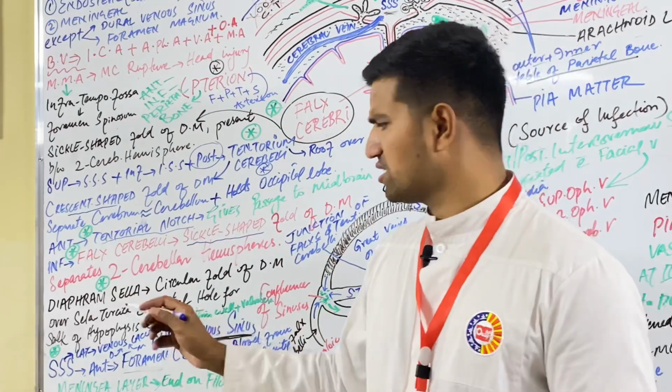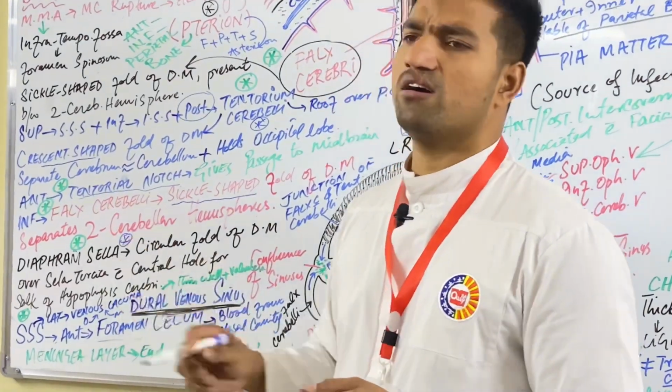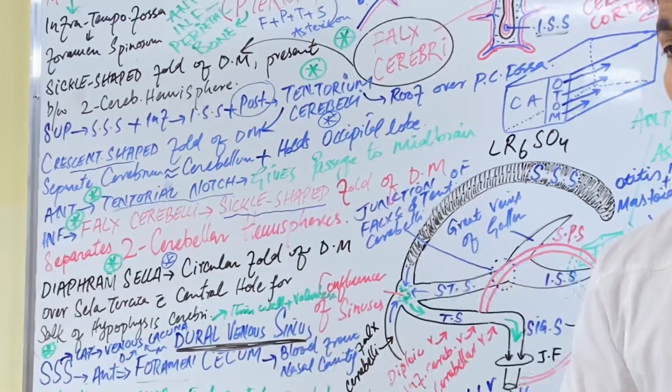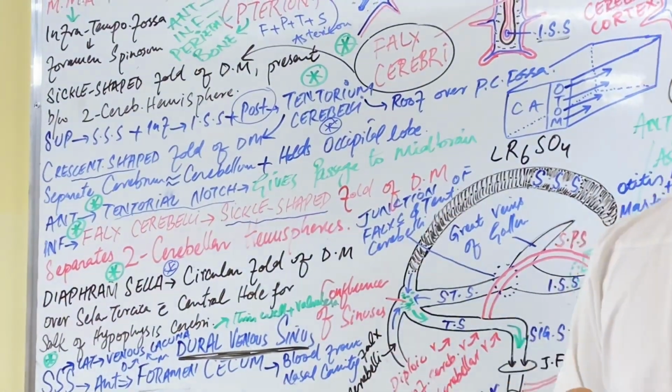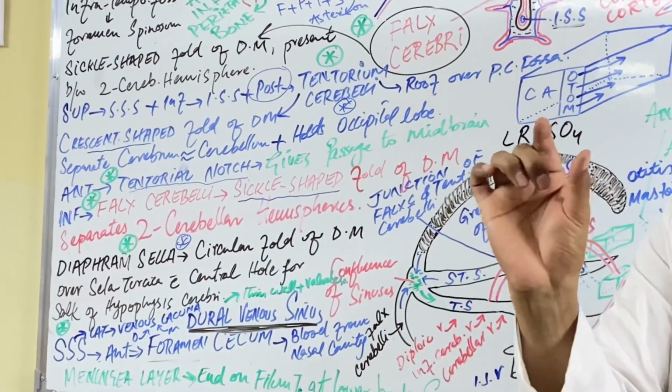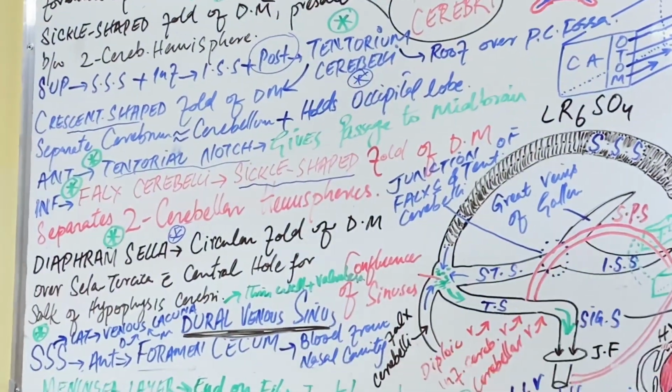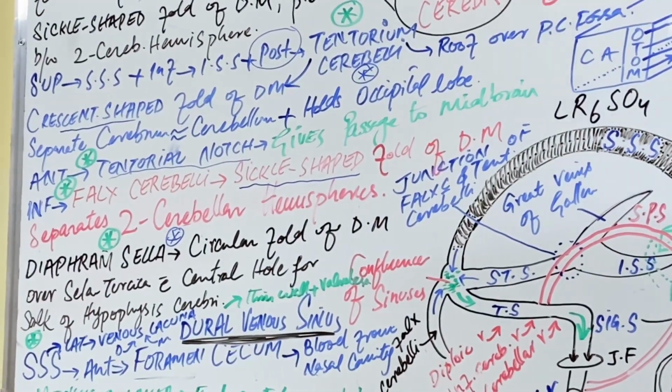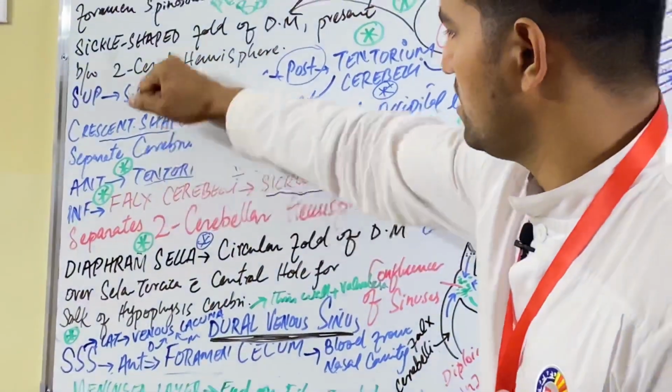We have another structure called the diaphragma sellae. It is a circular fold of dura mater which covers the sella turcica, with a central hole for the stalk of the pituitary gland, the hypophysis cerebri. Let me make a little diagram for you.